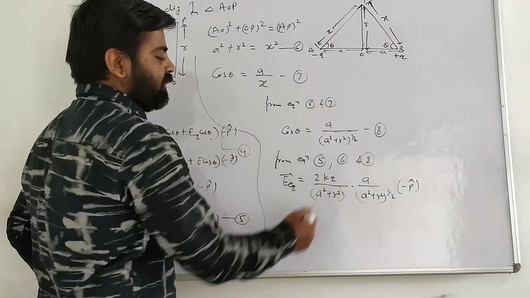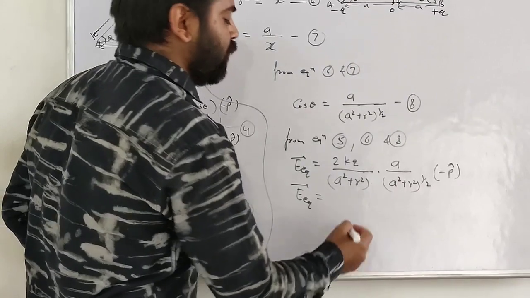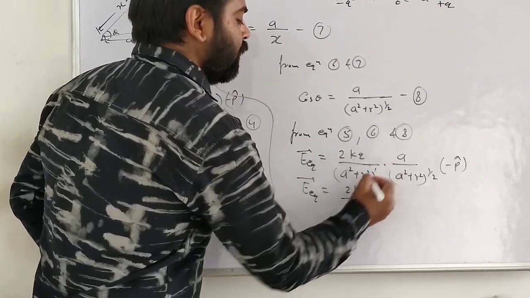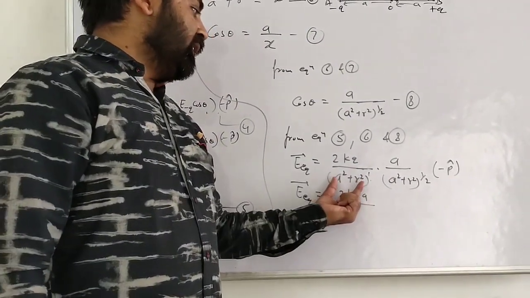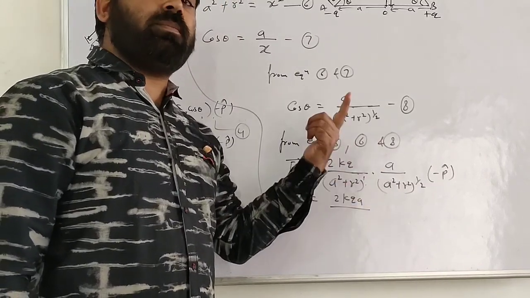Now we simplified this equation. We obtain E equatorial is equal to 2kqa upon... in mathematics, as we know, at the same base in multiplication the powers will be added up.